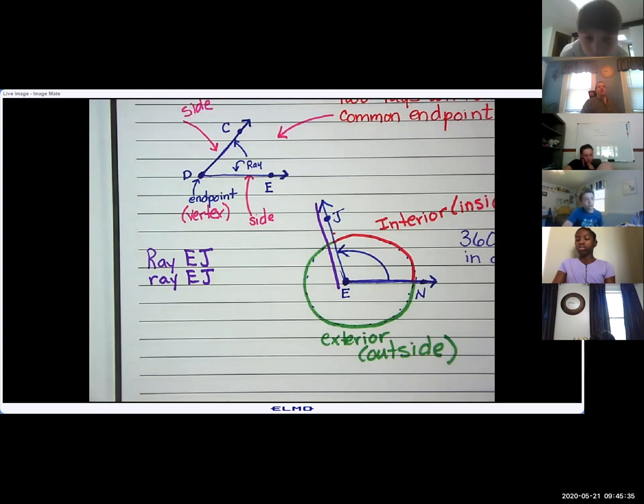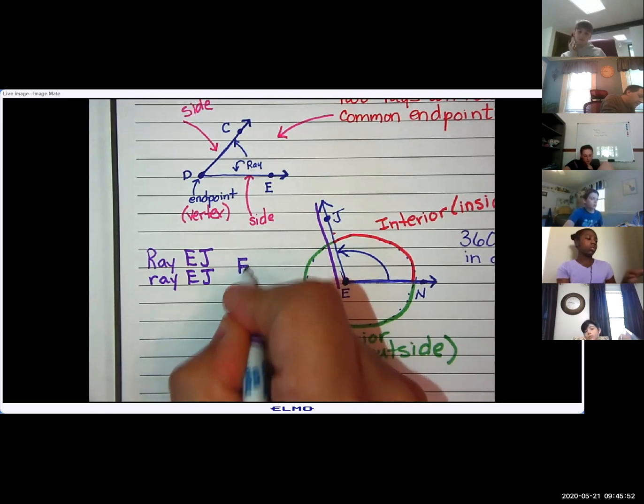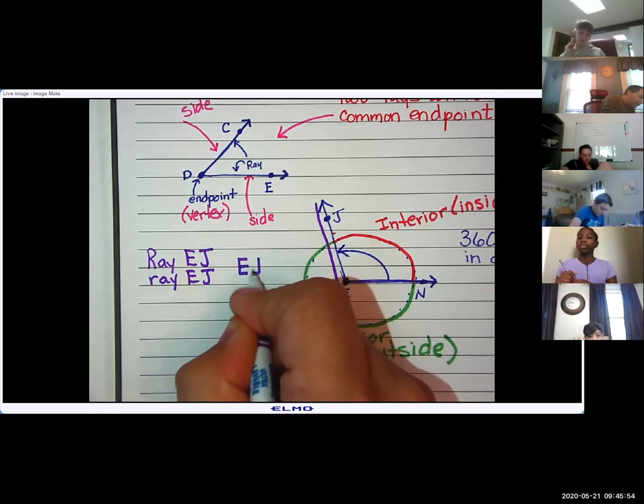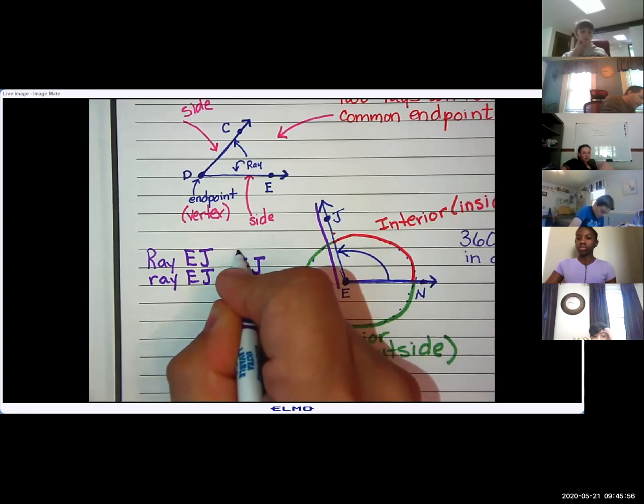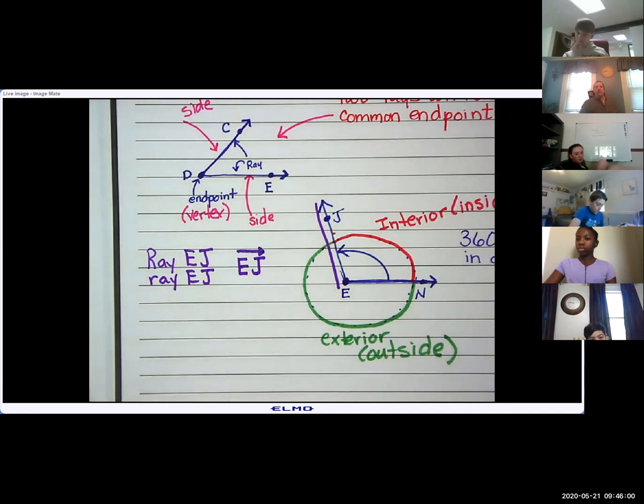There's also some math symbols that you can use to abbreviate. If you do not want to write the word ray EJ, you can do this: EJ, and then above it, you make a little arrow.